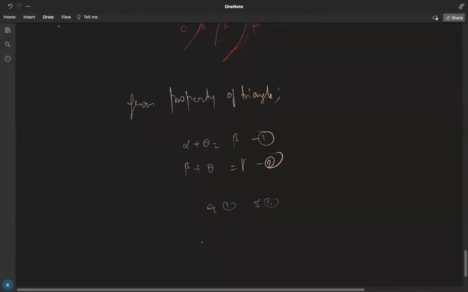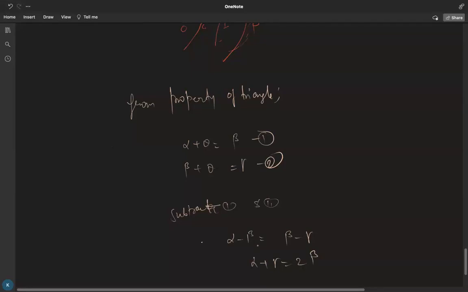So what I'm trying to do is subtract 1 and 2. What we'll get from here is alpha minus beta is equal to beta minus gamma. So we'll get alpha plus gamma is equal to 2 beta.